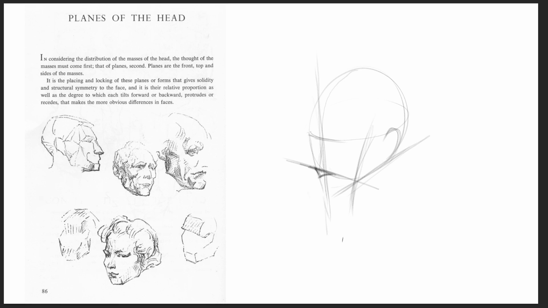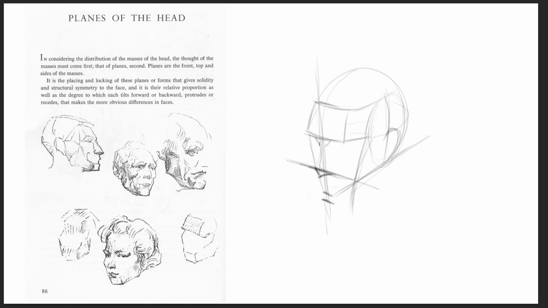And once the bigger sections have been found, then you can start faceting, finding where the forehead might fit, finding the different planes of the side of the skull, from the temple line, the forehead to the temple, and then from the temple to the side plane to the top of the skull, and so forth.